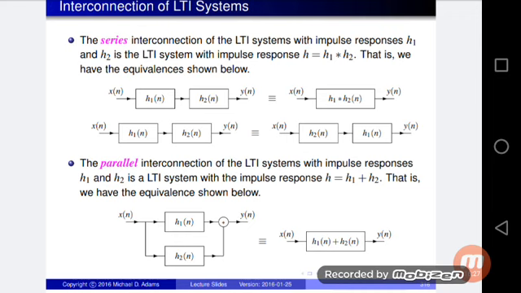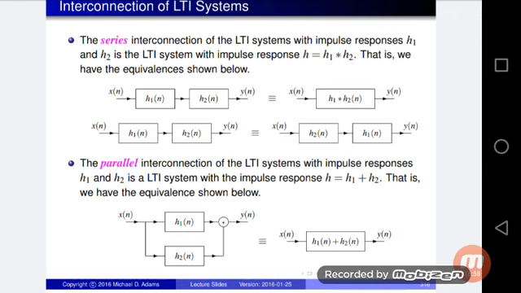Next one, as we discussed in previous classes, is series and parallel LTI system connections. In series and parallel LTI system connections, the function of the LTI system h is connected sometimes in series and sometimes in parallel.